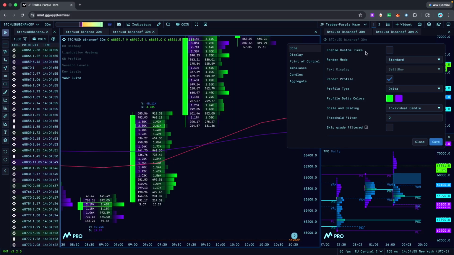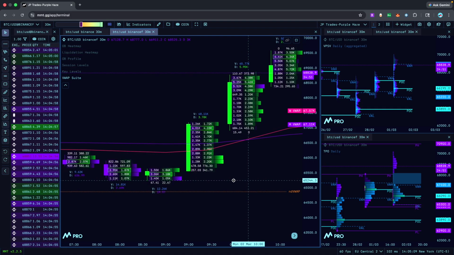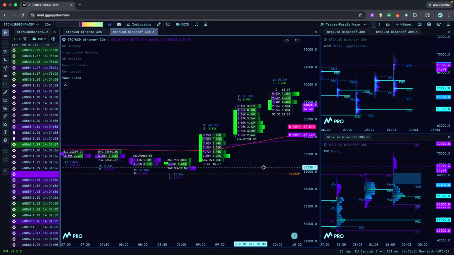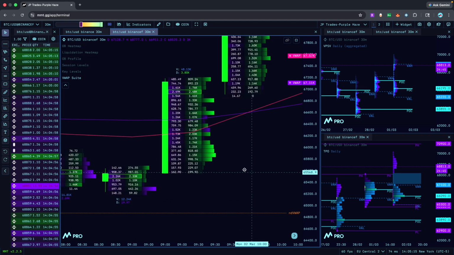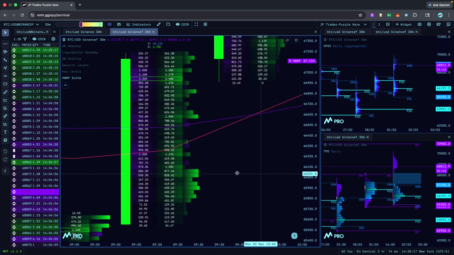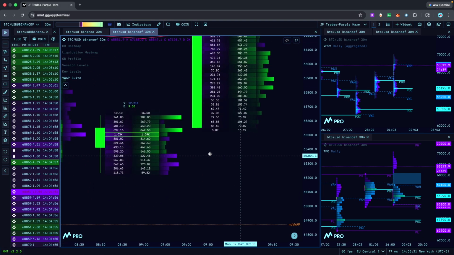So when you look at the cluster candle settings under the core tab, you'll notice that we use auto tick instead of locking in a custom tick size. Now, the reason for this is very simple. When you have auto mode engaged, it adjusts the tick granularity based on your zoom level and the resolution, which means it naturally adapts to different volatility conditions without you having to manually change the tick size over and over again.